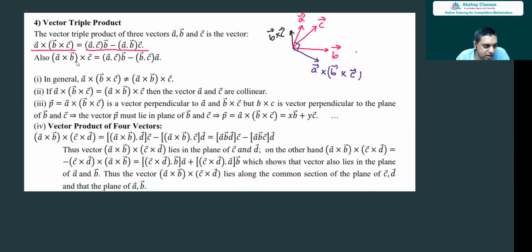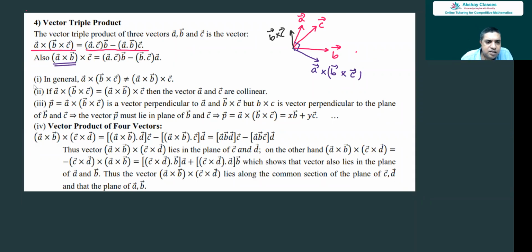Similarly, (A cross B) cross C will lie within the plane containing A and B, but it will be perpendicular to C. So how do we calculate? Extremes: dot product of the extremes first, A dot C times B, then minus the dot product of the near ones, A dot B times C. Similarly here, A dot C times B minus B dot C times A. So this is how we calculate the vector triple product.